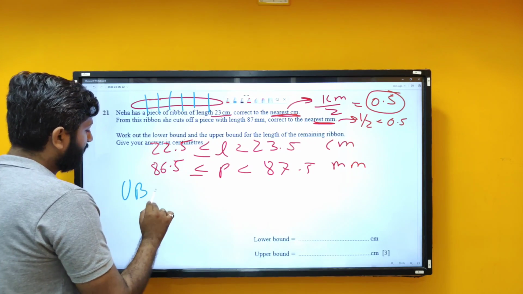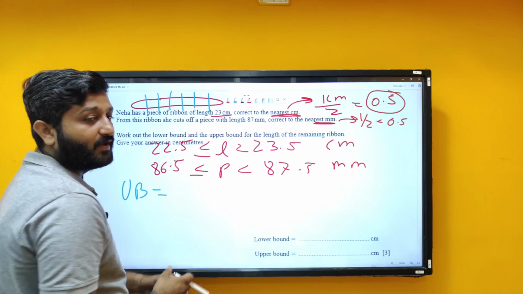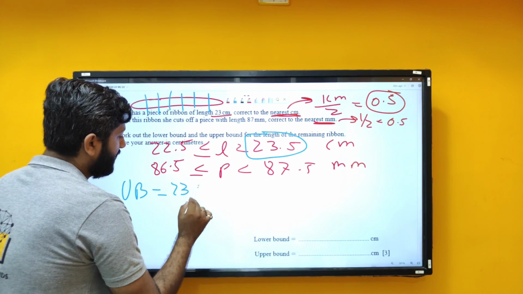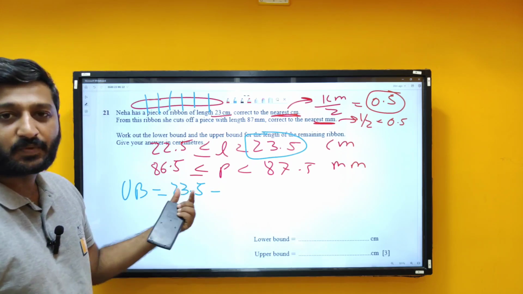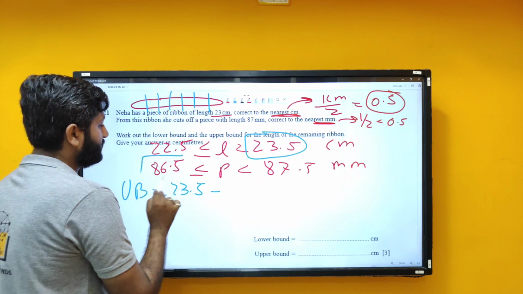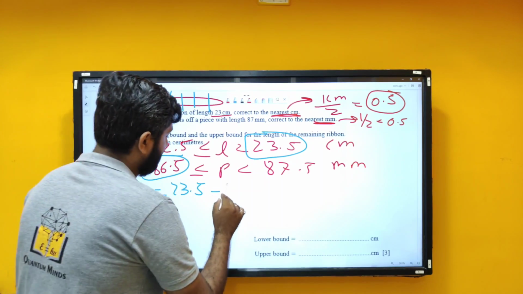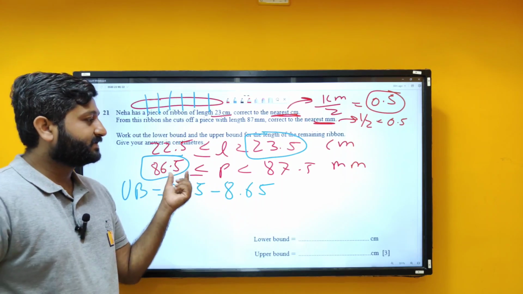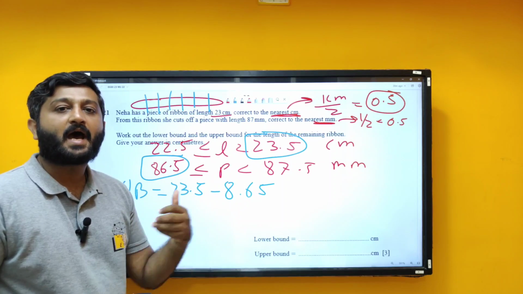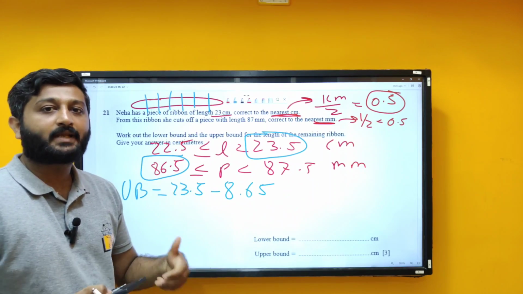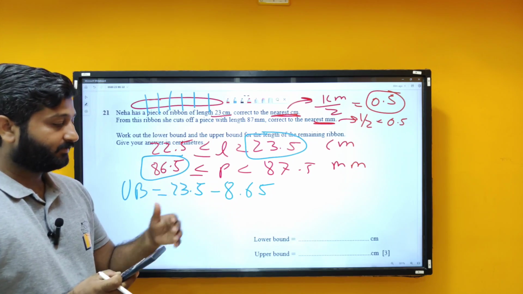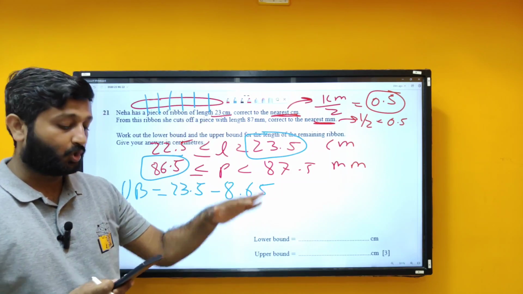So upper bound will obviously be, right, we have to subtract. This is the length of the ribbon. So I'll take upper bound of the length of the ribbon and the smallest possible piece of wire, which is 8.65, right? Because this is in mm. Upper bound means the highest possible value. When will I get the highest possible value? When the subtraction is, when the second part is lowest.